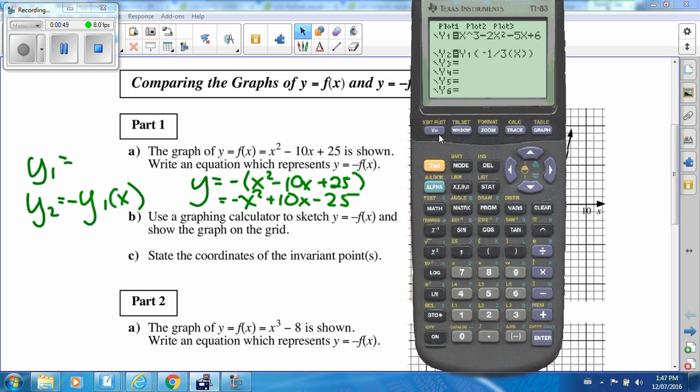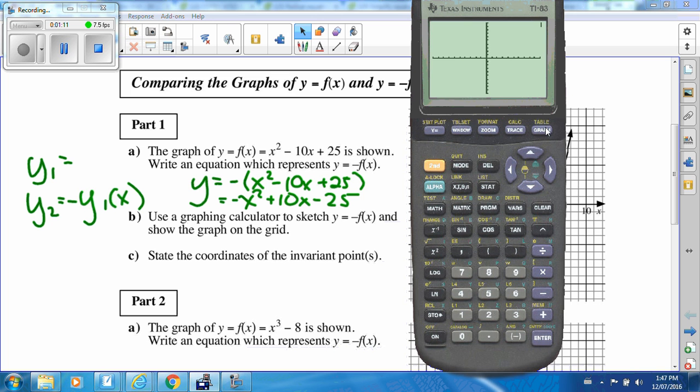So y1 is x squared minus 10x plus 25. And then down here, I'm going to go negative y1 at x, close bracket. There we go.